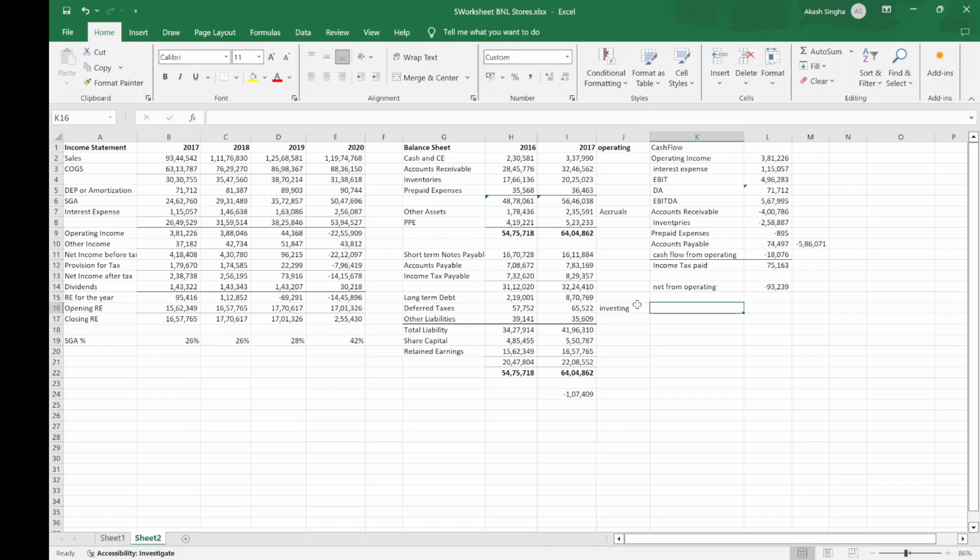Yeah, so in investing we have to do PPE. So we have to do one from other asset and another one is PP, I can see. For proceeds from other asset, other asset got increased, and other income is also there.